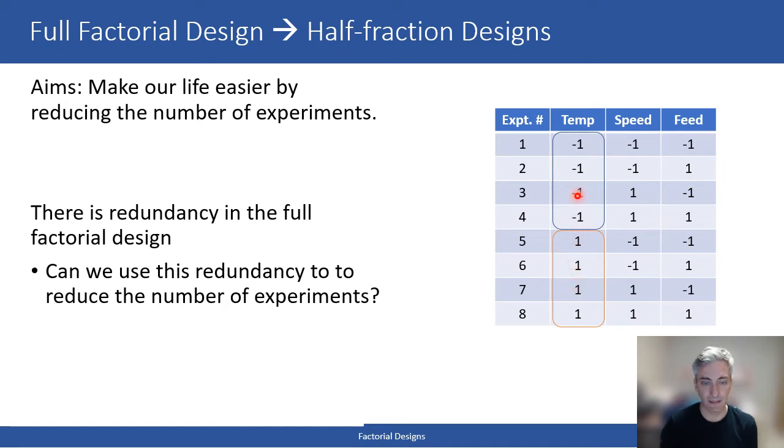We will lose some information, which is going to be the highest order effects. But the lower level interactions, we can actually get by halving the number of experiments we do. So that's a big advantage. If you only have to do half the number of experiments but still get the main information, that's a useful method, which I encourage you to use when you've got many factors.